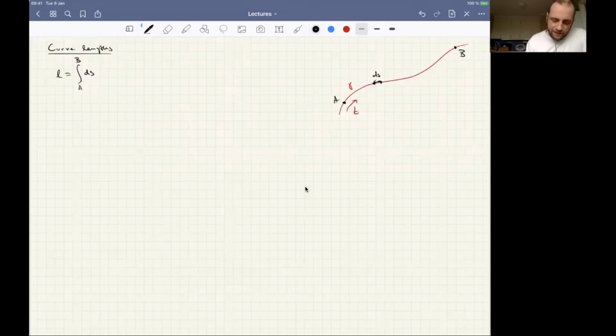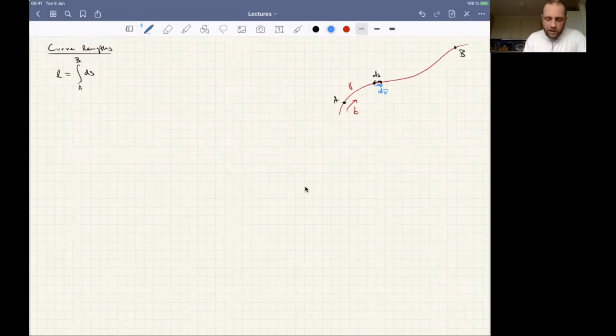So what's this ds? Well, if you look at the tangent vector here, let's call it dx. dx is the small distance from the start of this line segment to the end of that line segment.